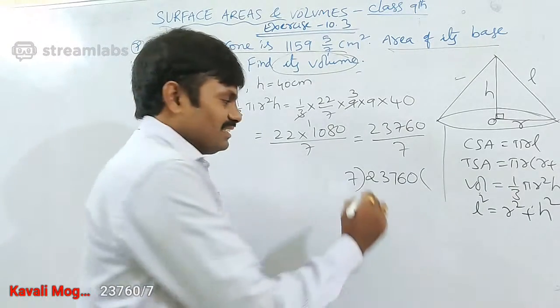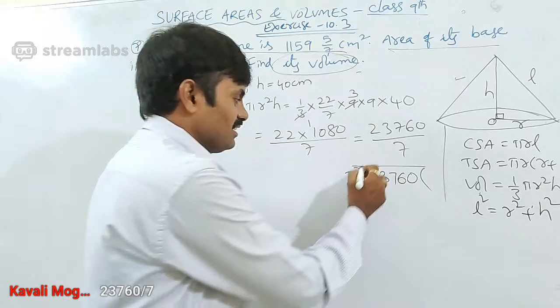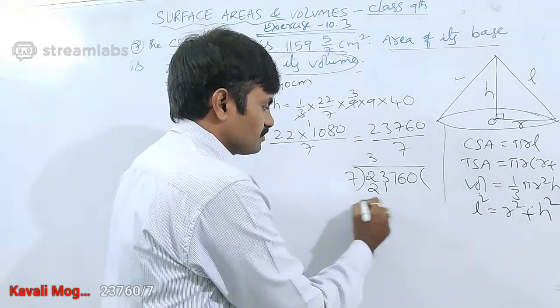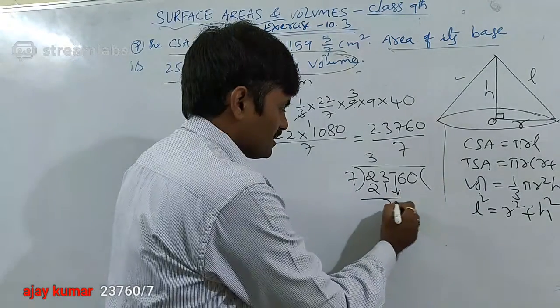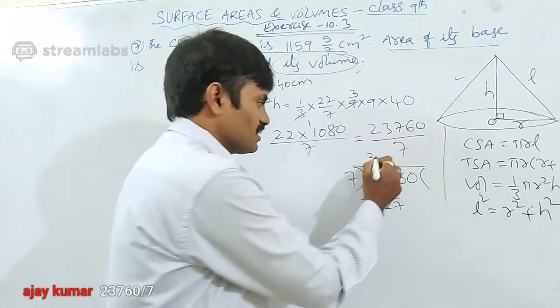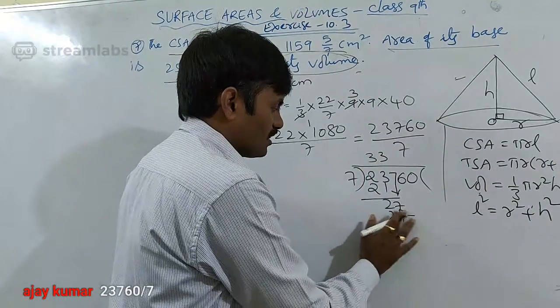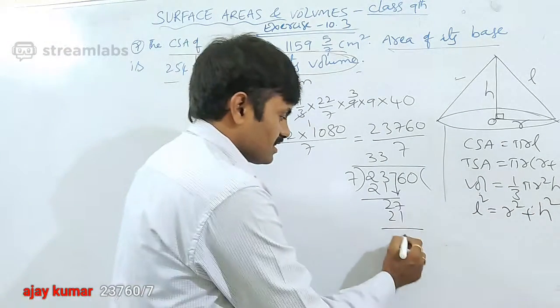Now see, in 23, 7 divides 23 three times. 7 3s are 21. The difference is 2. Bring down the next digit 7. 7 4s are 28, not possible, so 7 3s are 21. The difference is 6.